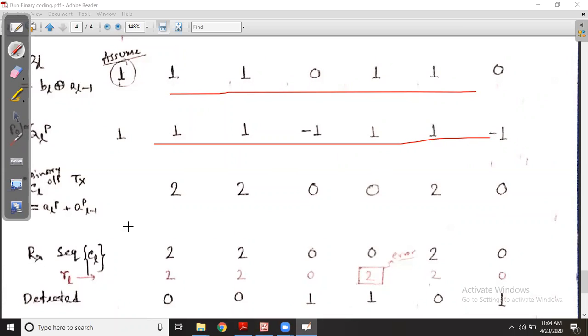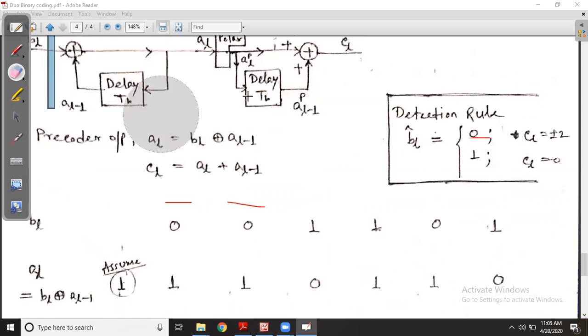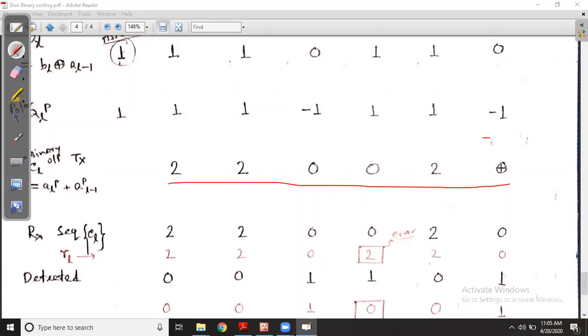Now the addition of two bits: these two bits we are adding, these two bits we are adding, so here it is 2. This is nothing but addition using this block, CL, AL minus 1. After that we are getting this row, the addition of these two here, the addition of these two here.